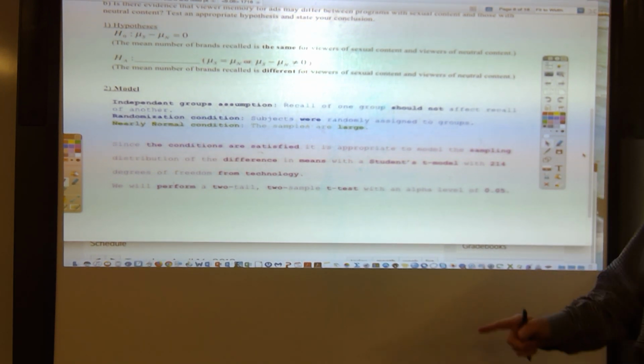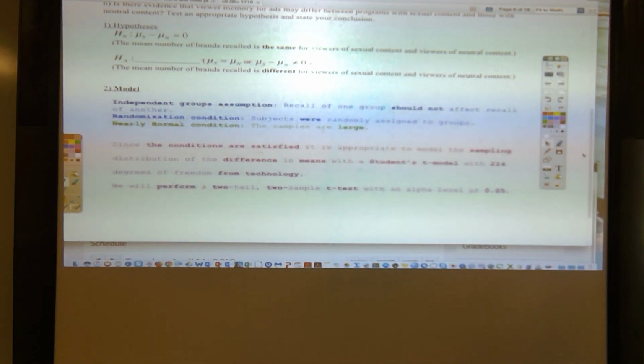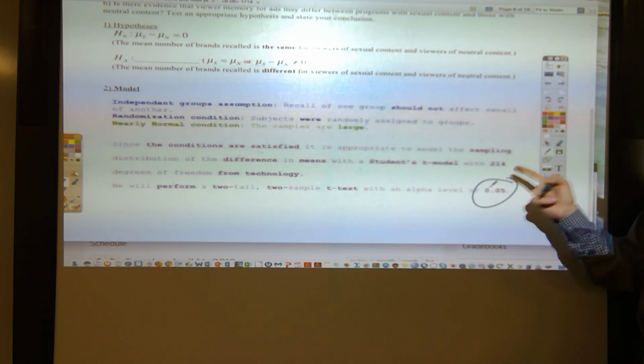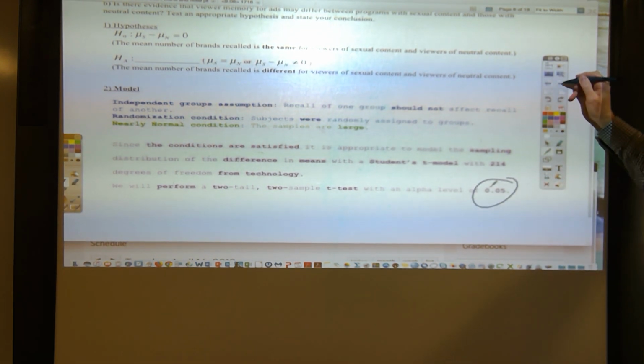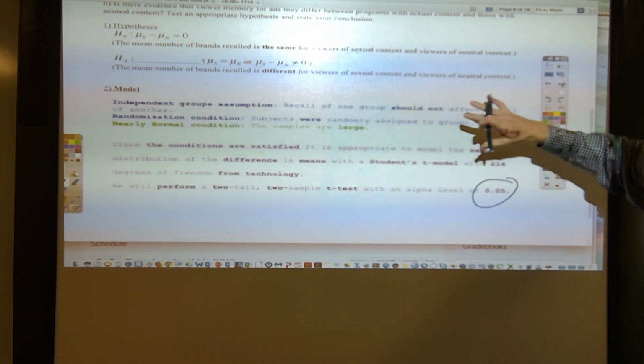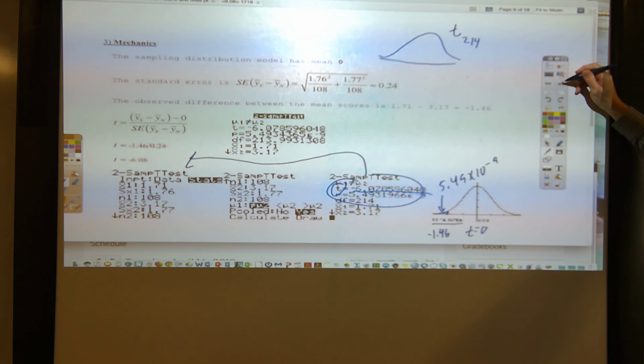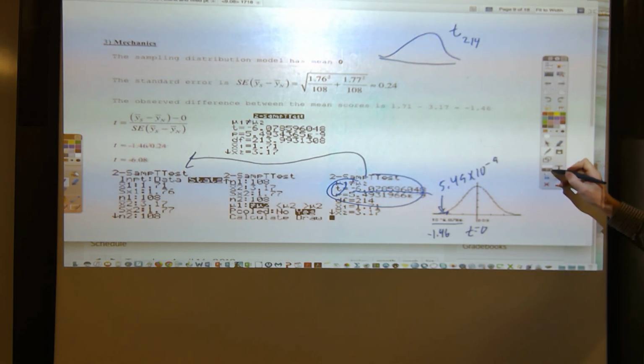We're going to perform a two-sample t-test with an alpha level of 0.05. We're setting the limbo bar at 0.05, and any p-value that comes out will be compared to 0.05. This is the handout that's online, so if you don't quite fill that in, it's already posted online.